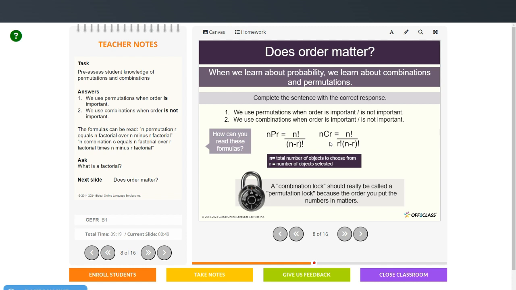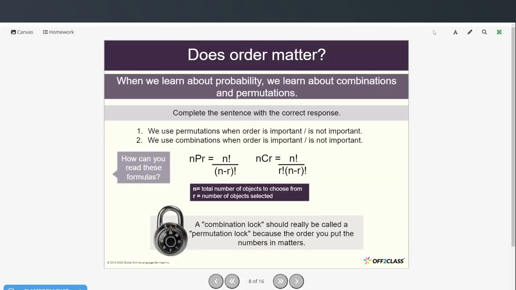N combination r equals n factorial over r factorial times n minus r factorial. A combination lock should really be called a permutation lock because the order you put the numbers in matters.